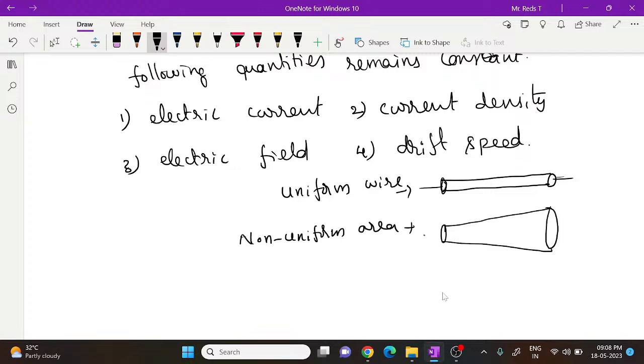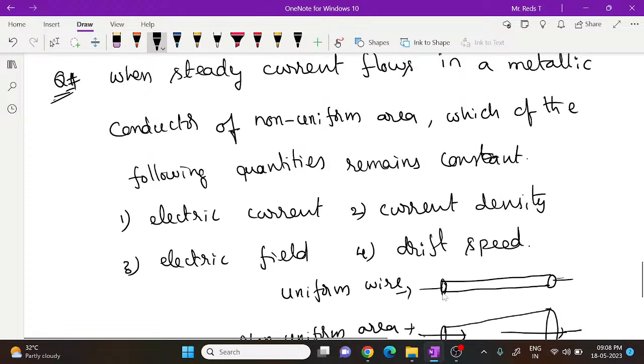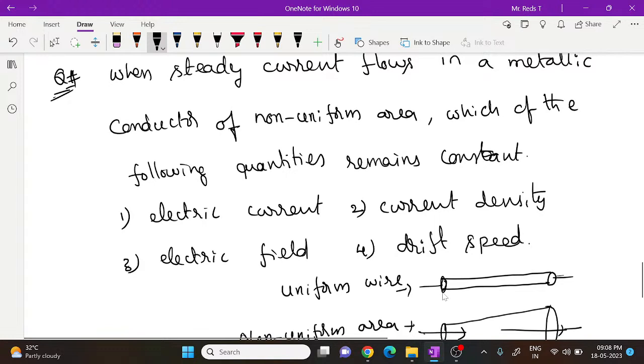In this, a current I is flowing. You can read the question once again now. Steady current means a constant current flow, a fixed, non-variable current.